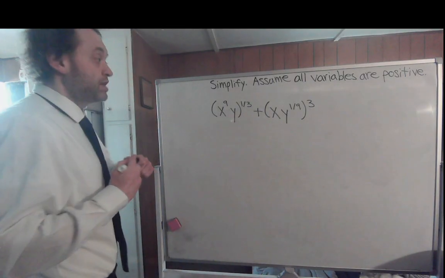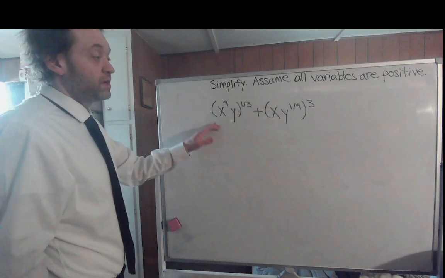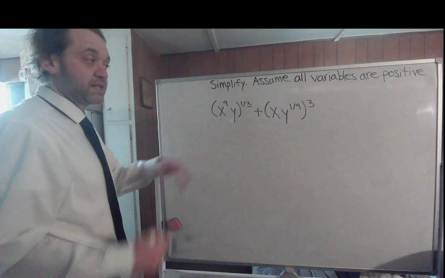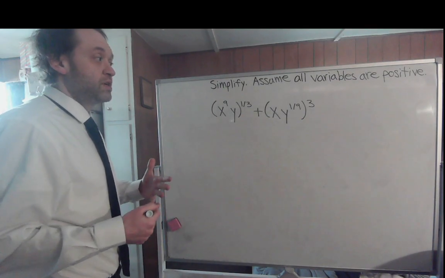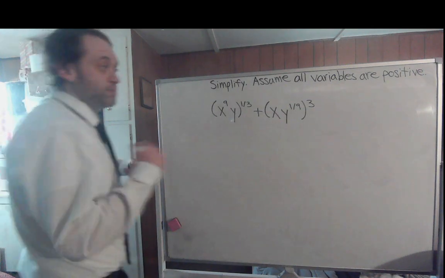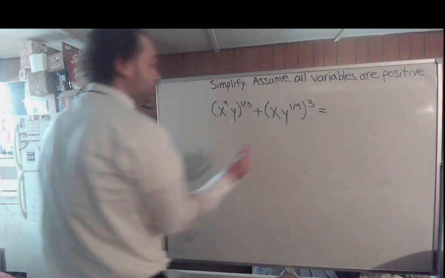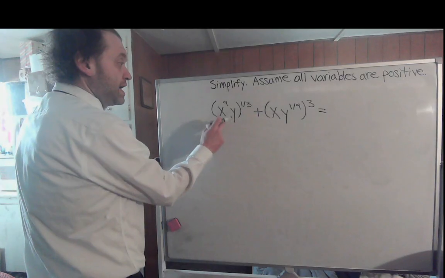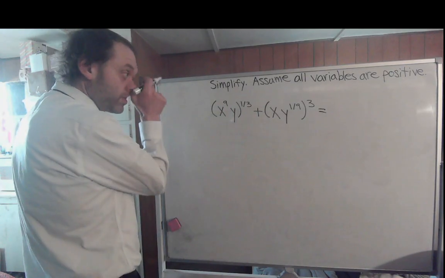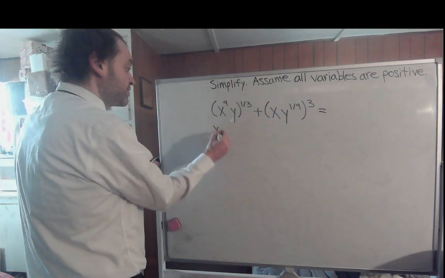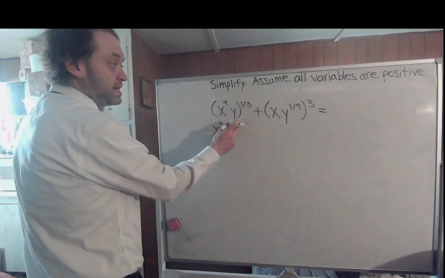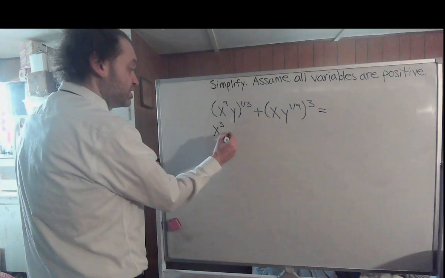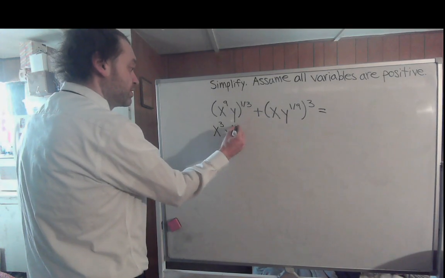So it looks like we have definitely same bases but different exponents, but we'll just have to perform the exponent operations. So your first term, x to the 9th times 1/3, that would simply be x to the 3rd. y to the 1 times 1/3, well, that would just be y to the 1/3.